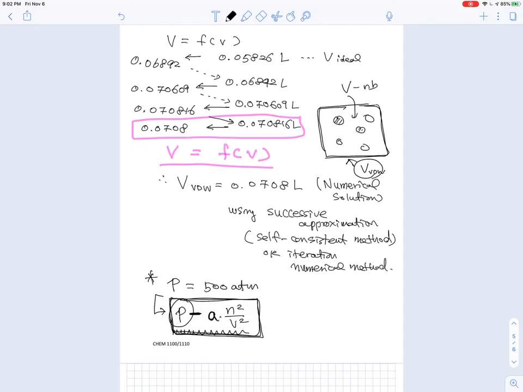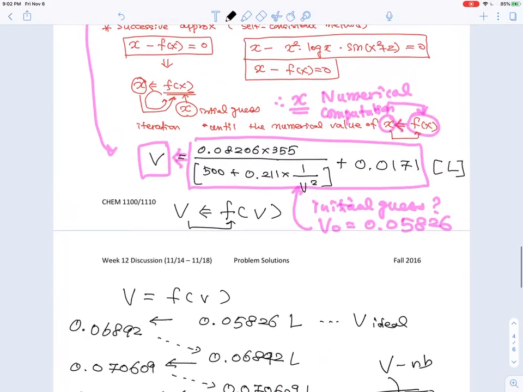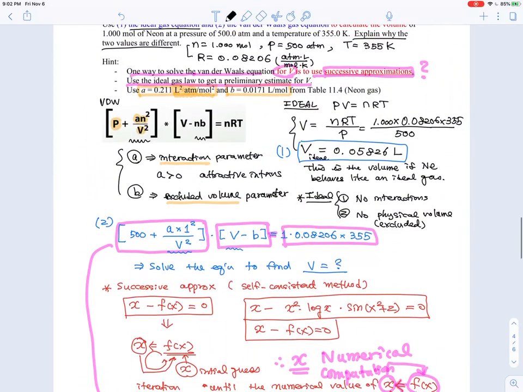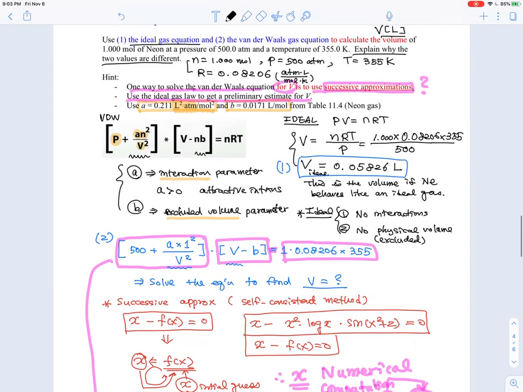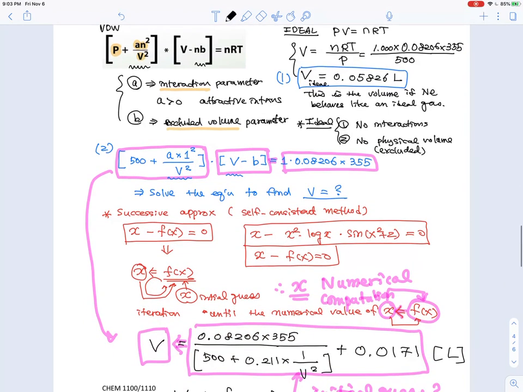Okay, thank you for your attention. I just talked about solving this quite complex equation. The concept is simple, but to solve this equation and get the value of V, this is a nonlinear equation. How do I do that? I just reorganize the equation in a form that looks like this: x equals a function of x. And if you ever find that, the numerical solution comes in handy.